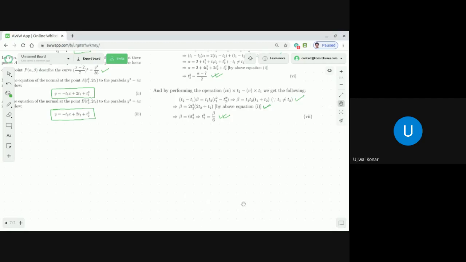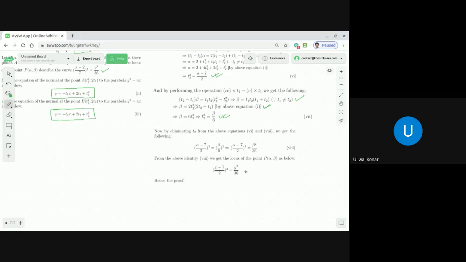Let me pull the solution and show you. So now by eliminating T2 from equations 6 and 7, what do we get? ((alpha minus 2) by 7) power 3, that means T2 power 6, is equal to (beta by 6) whole square.